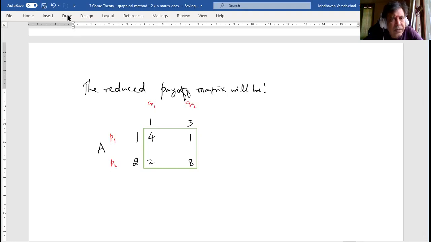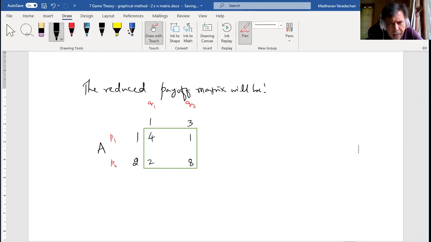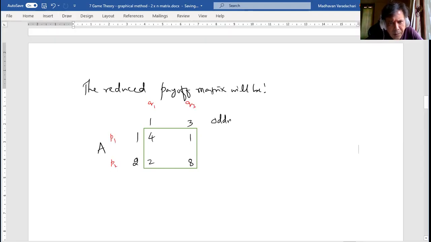Now, since it is a 2 by 2 matrix, we can directly go for the oddment algorithm, finding oddment for rows and also for columns. First one, modulus of 2 minus 8, which is 6. Then the next one, 4 minus 1 modulus, which is 3.